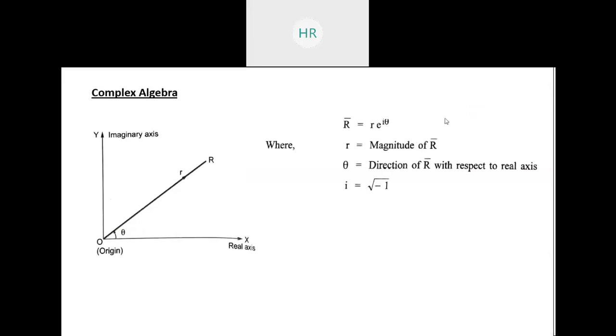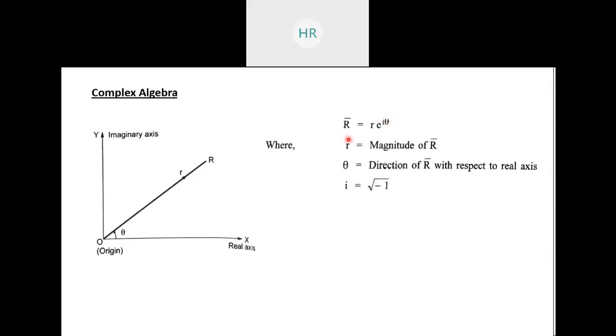So in complex algebra, or in the complex variable method, this position vector r bar, the bar means that it is a vector, is represented like this: r bar is equal to small r into e raised to i theta.